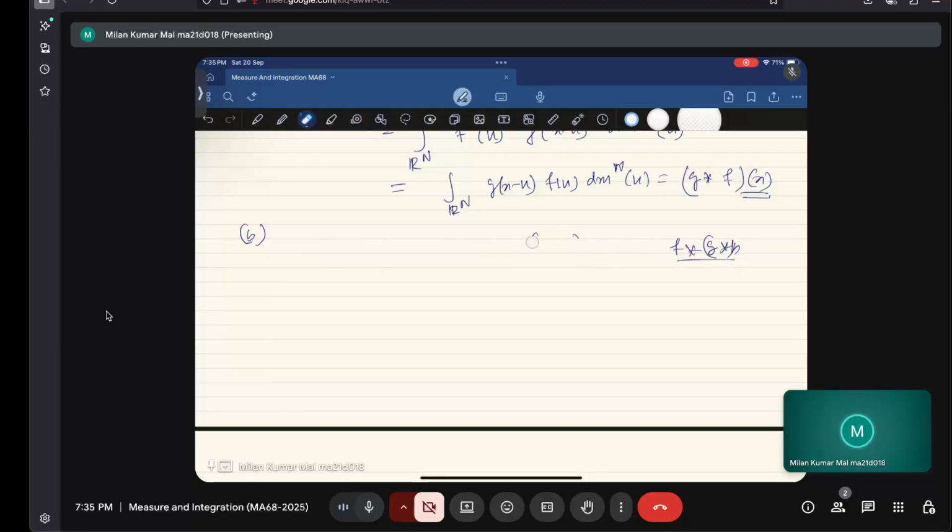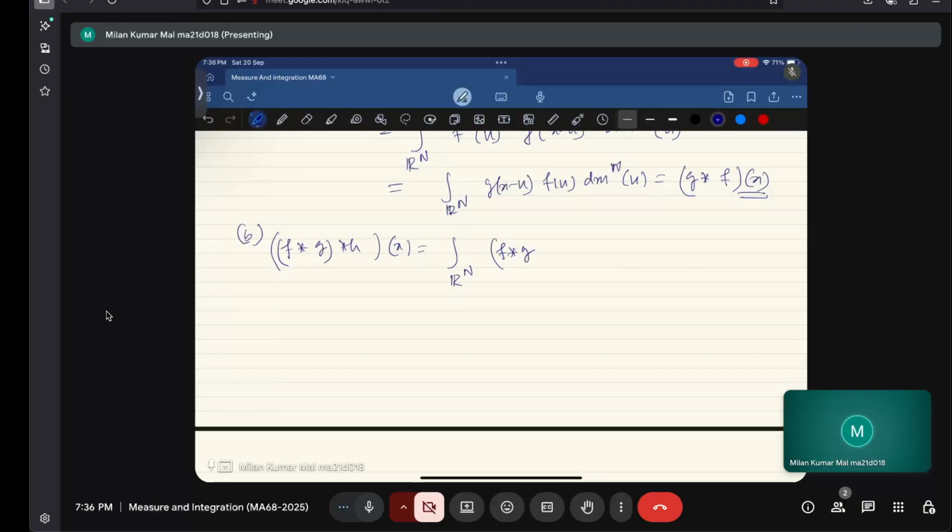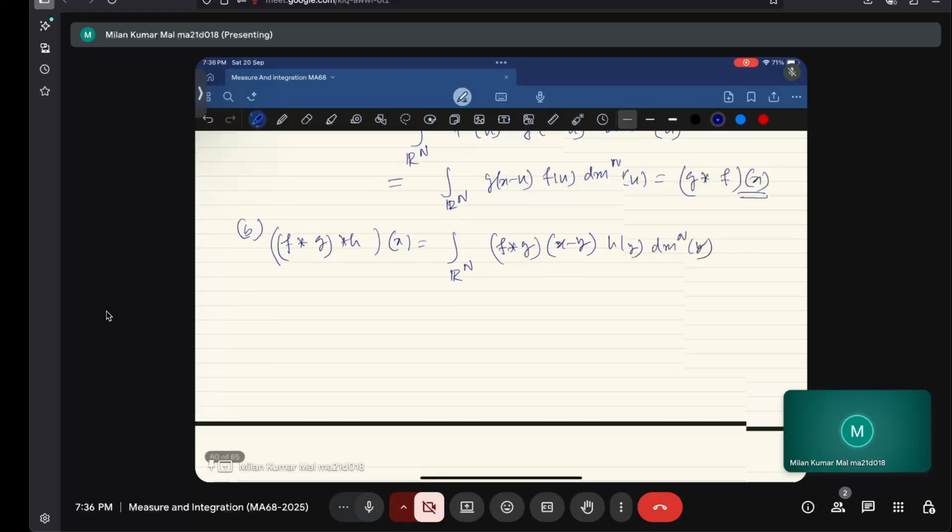Okay, so let's start with (f star g) star h, first this and then this. At the point x, this is equal to the integral over R^n of (f star g) at the point x − y times h(y) dm_n(y).